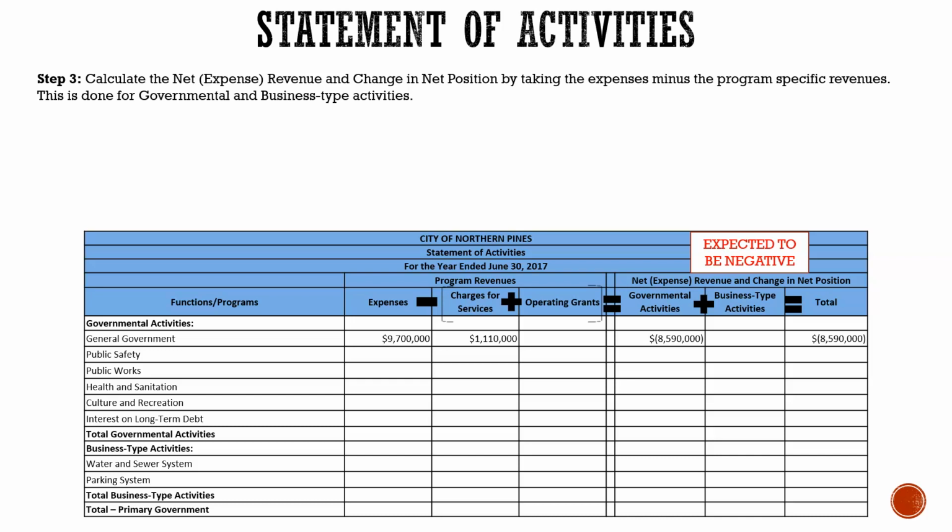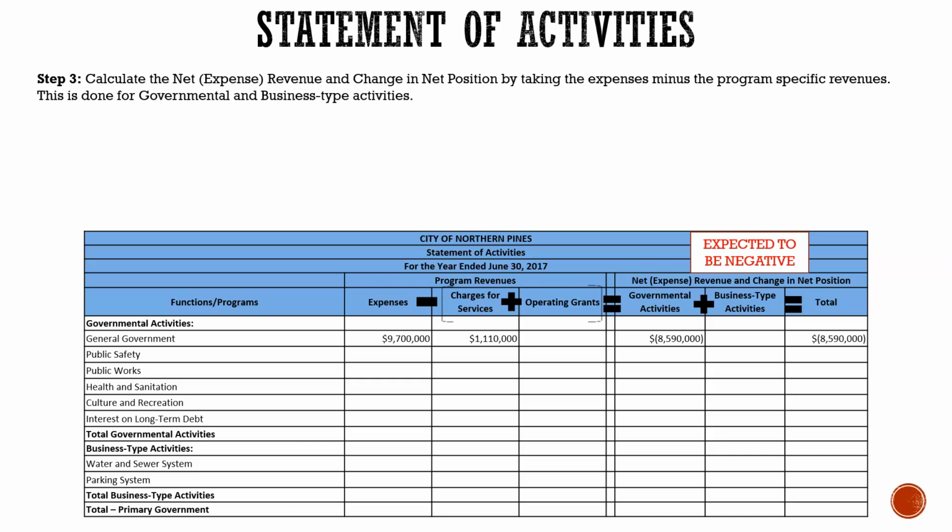I'm not sure what the exact thresholds are, but it is a statute that a municipality, a city, a village, whatever the case may be, cannot generate over a certain percentage of its revenue from speeding tickets, and that's program-specific revenue. So just be aware of things like that.